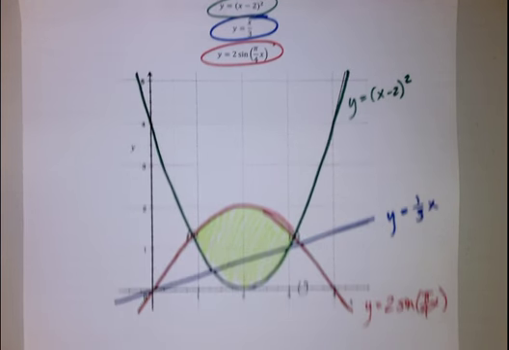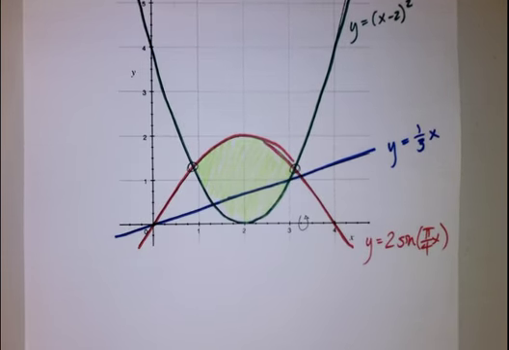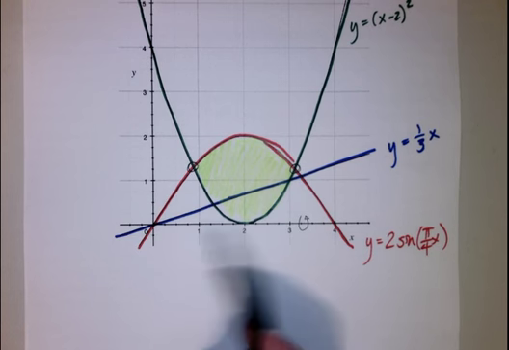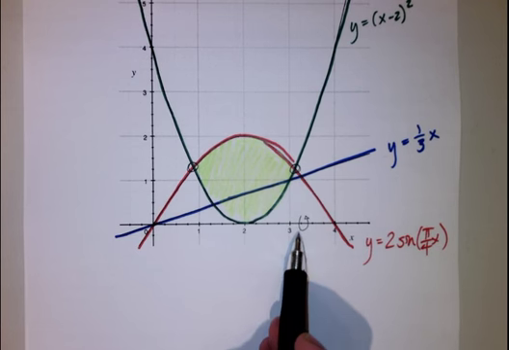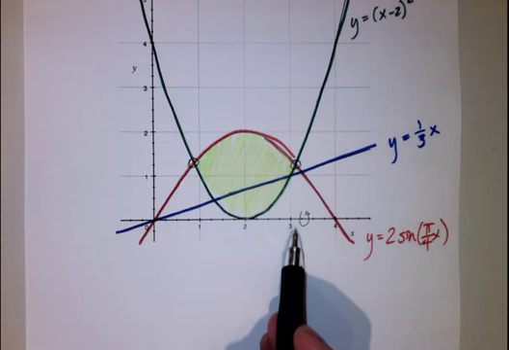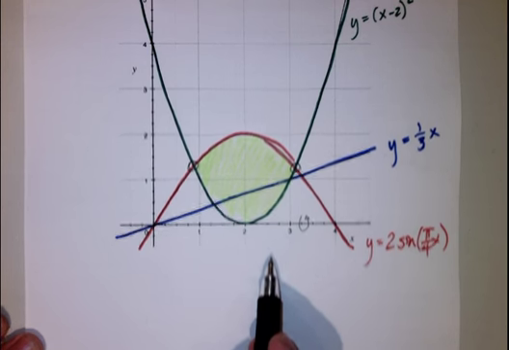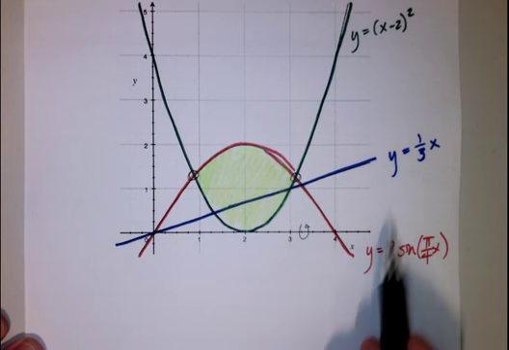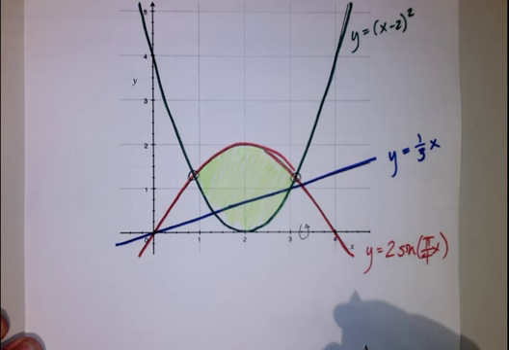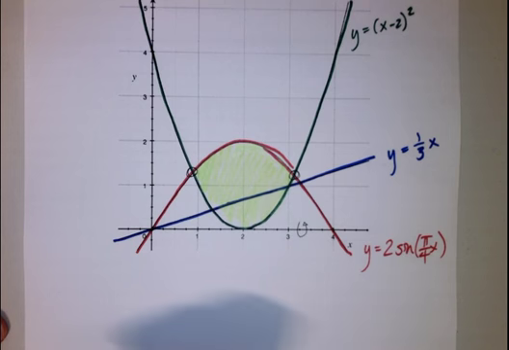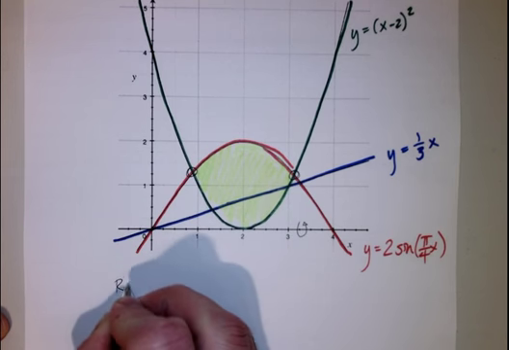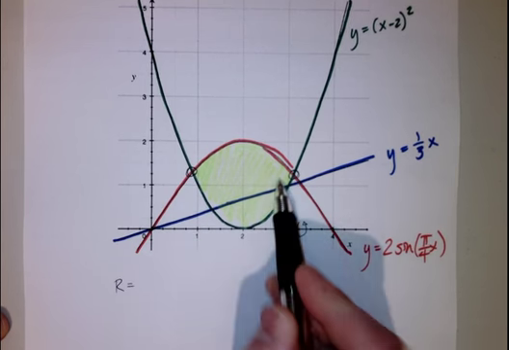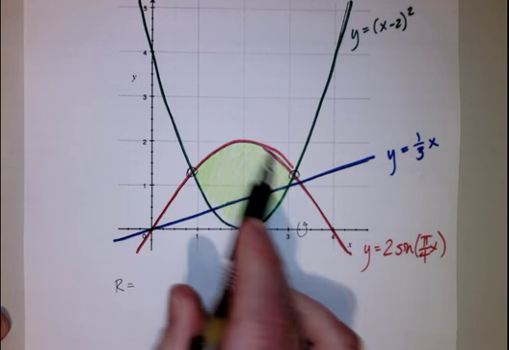Big R and small r are going to be relatively easy since we're revolving around the x-axis. Big R and small r are just going to be the same as the representation of the function, just the variable expression. Big R, the curve farthest away from the axis of revolution, is the red one.